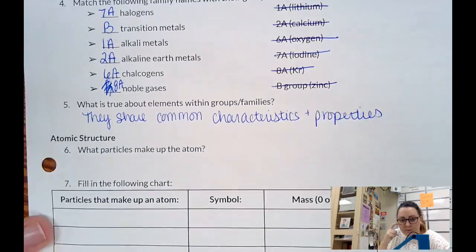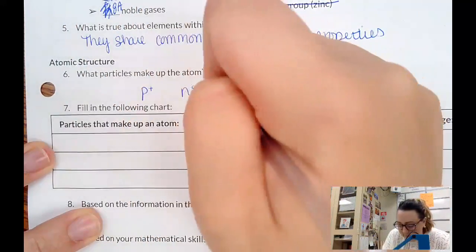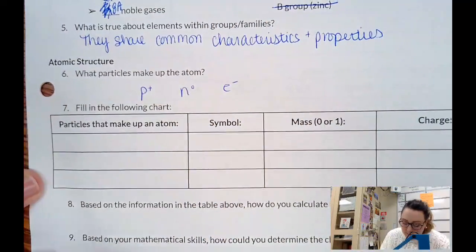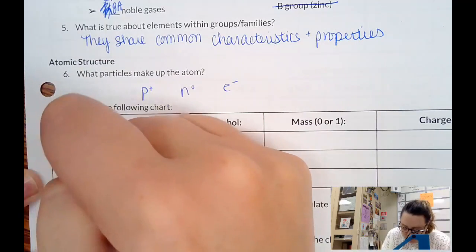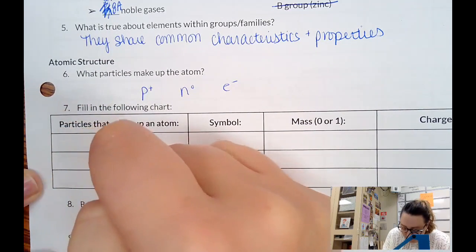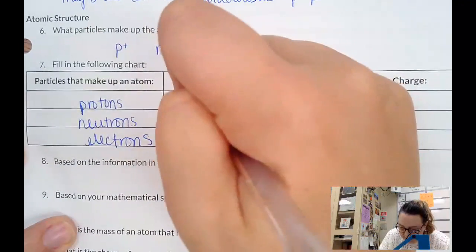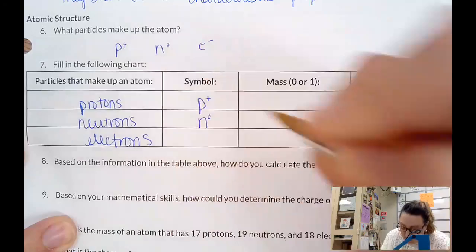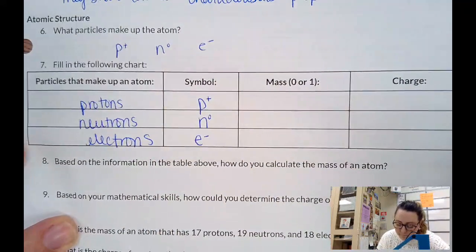What particles make up the atom? Protons, neutrons, electrons. So the particles that make up the atom are protons, neutrons, and electrons. It doesn't matter what order you filled that out. The symbol we use here is P positive, N with the little circle for neutral, and E negative.